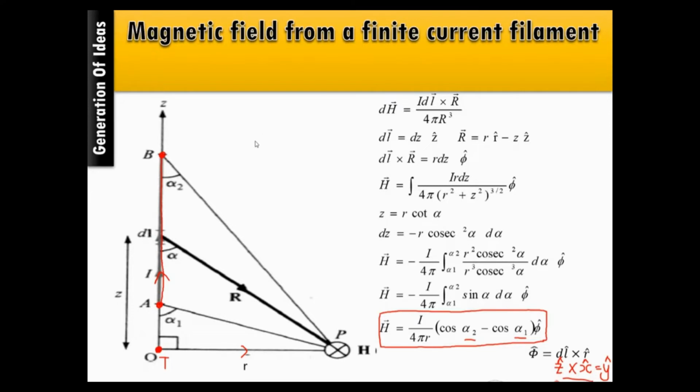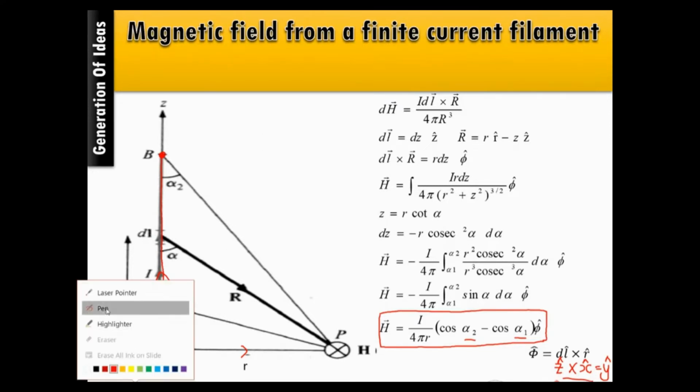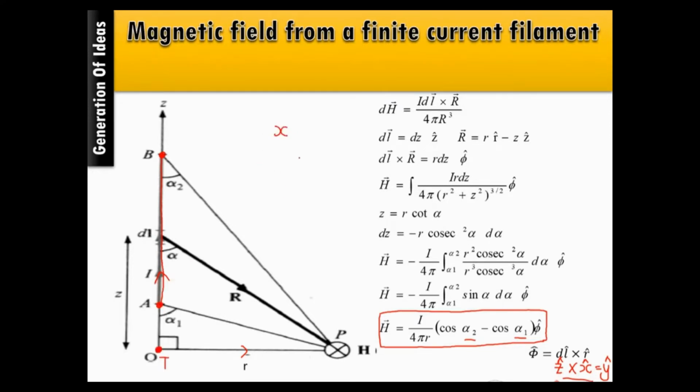You arrange your X here, your Y here, and Z here, and you put in the arrows in between them. This is how you determine the directions.